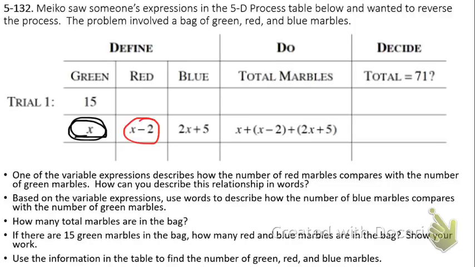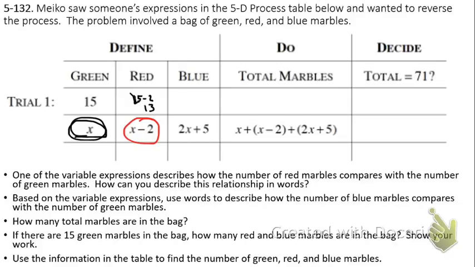Well, the relationship between green and red is if green is x, then red is an x minus 2. So there must be 2 less reds than there are greens. So I would have 15 minus 2, which would be 13.